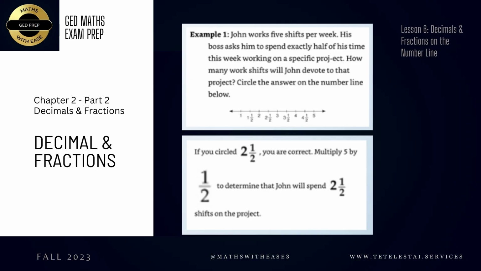In this example, John works 5 shifts per week, and his boss asks him to spend exactly half of his time this week working on a specific project. How many work shifts will John devote to that project? Circle your answer on the number line below.